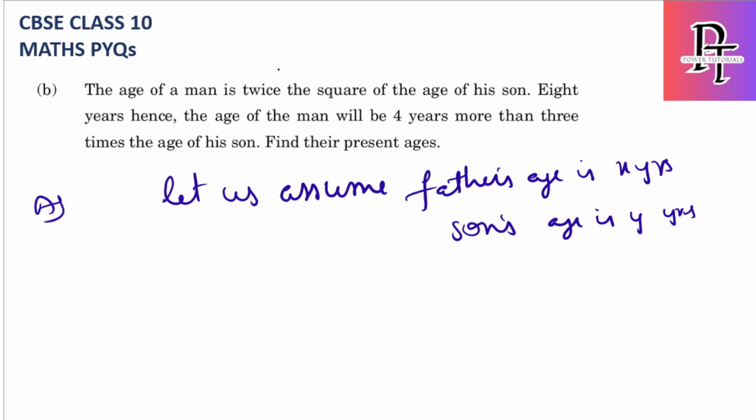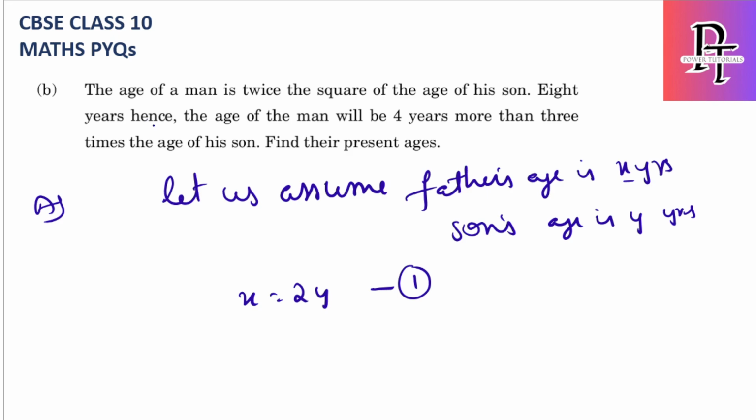Now let's set the condition. Age of man is twice the age of son. Man is the father here, so x is equal to 2y. This is the first condition. They haven't mentioned past or future, so we have considered it directly as a present condition.